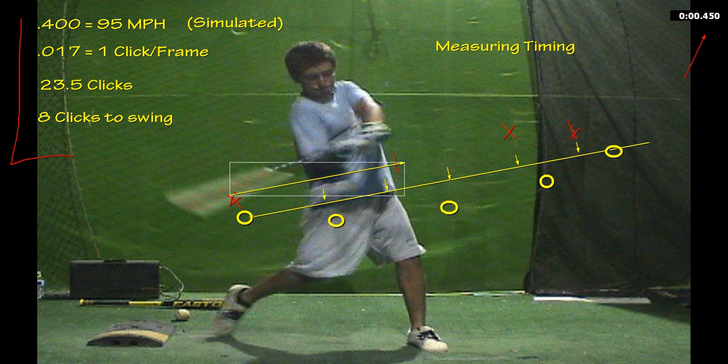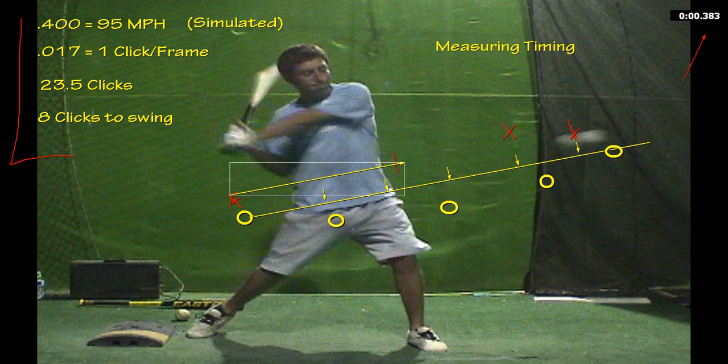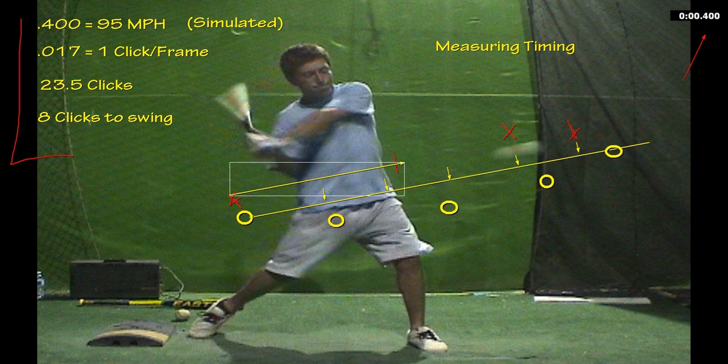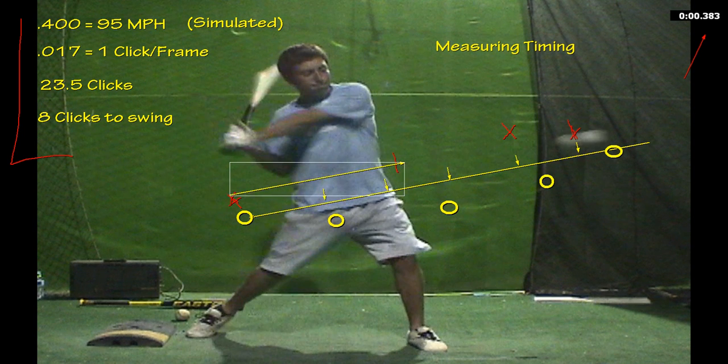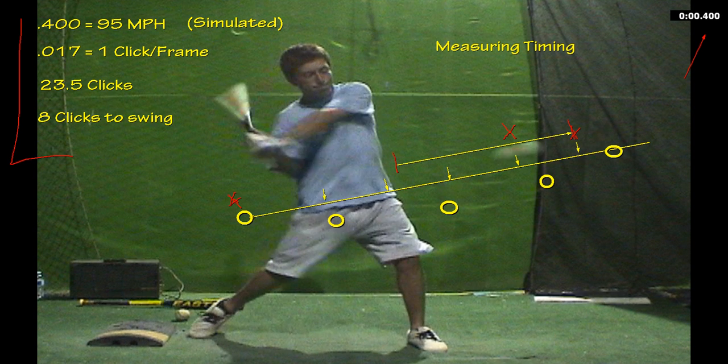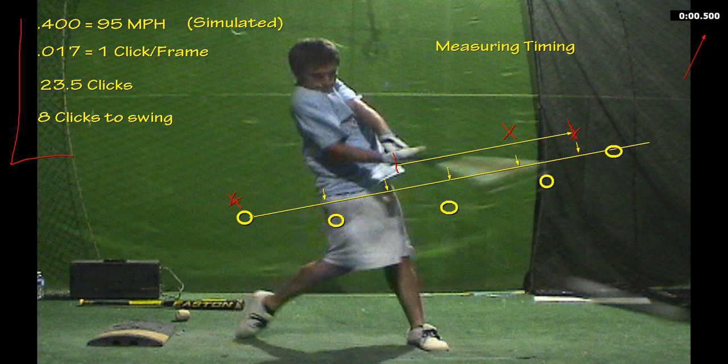In other words, the ball comes into the picture way out here, and this is a place that he could make contact. And then all along here, he can make contact. So in reality, the hitting area is enormous. It is far greater than what most people talk about, which is this little area up here where we're talking about making perfect contact.